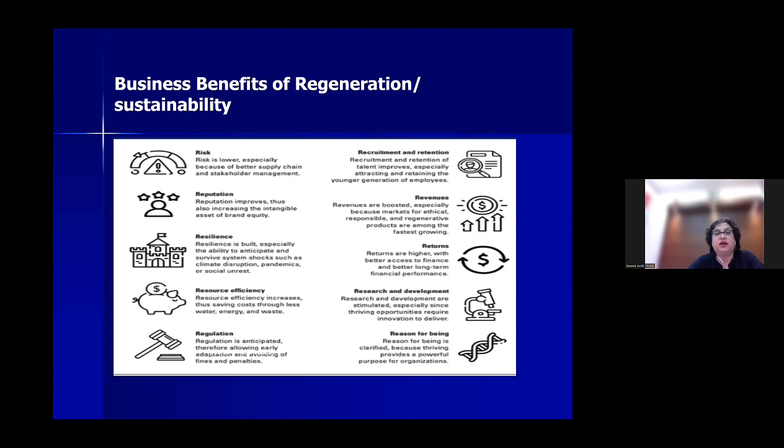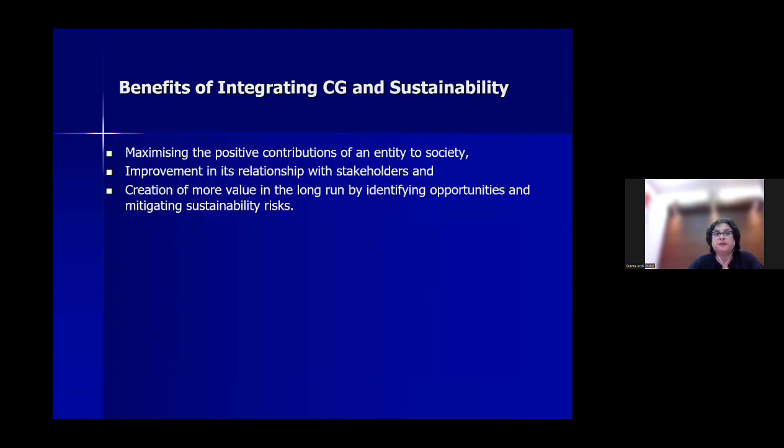And that is what we are all looking out for, that not only should the corporate entities be well governed, but they should be ready to embed that sustainability culture in their organizations through different strategies.